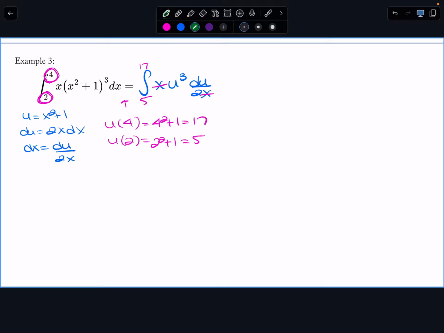And the reason why this makes me sad is because now I'm taking the integral from 5 to 17 of 1/2 u cubed du, which turns into a very sad 1/8 u to the 4th from 5 to 17. Now, College Board isn't going to have you do this much arithmetic on an actual AP test, right? I just made poor life choices.